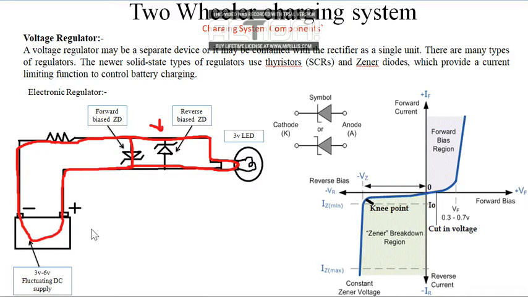Now this is case 1, which I have shown right now. In case 1, the voltage of the source supplied to the light is less than 3 volt.